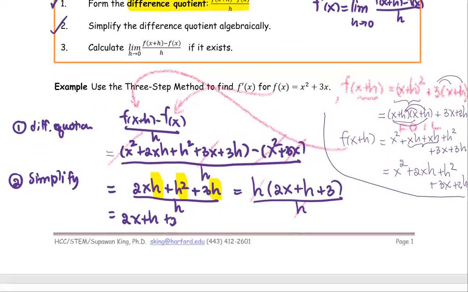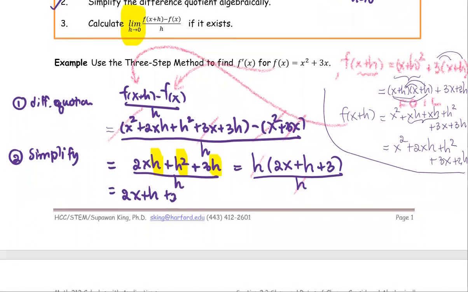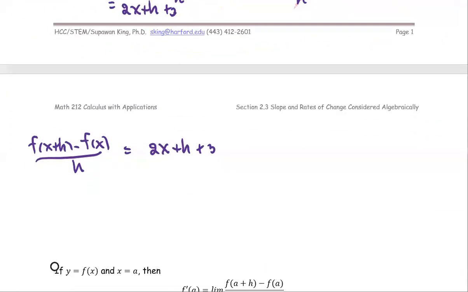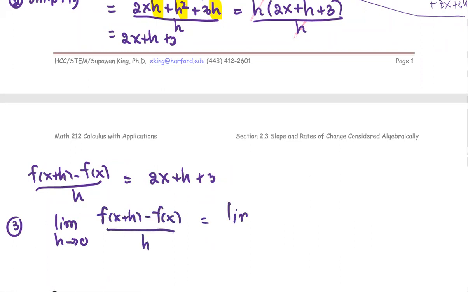And step 3, we're going to take the limit of the simplified form from the second step. So in step 3, we take the limit as h approaches 0 of the difference quotient, which for our case, the simplified form is 2x plus h plus 3.